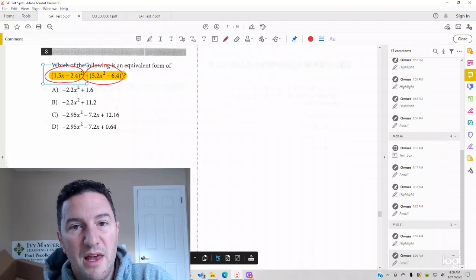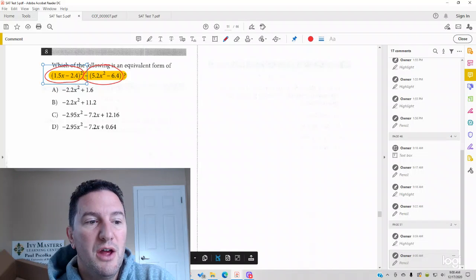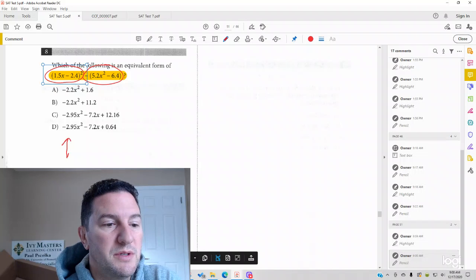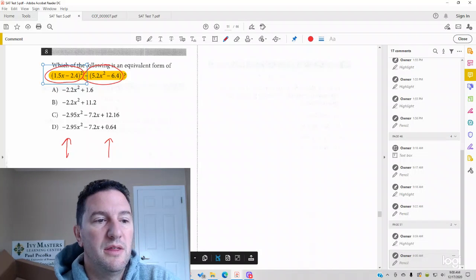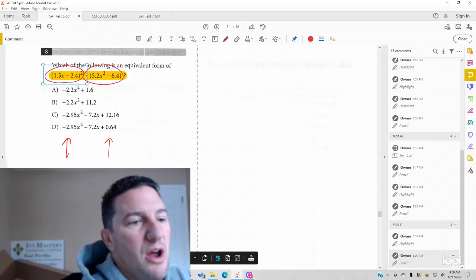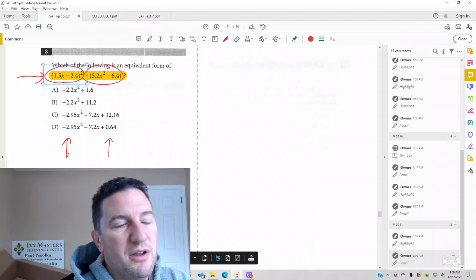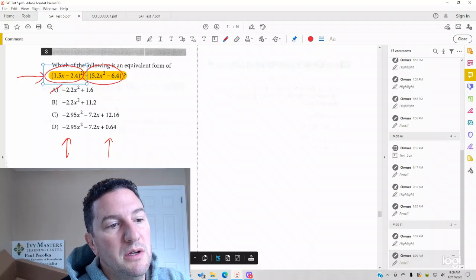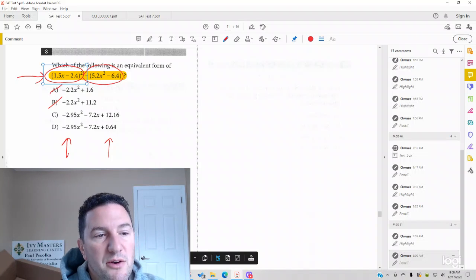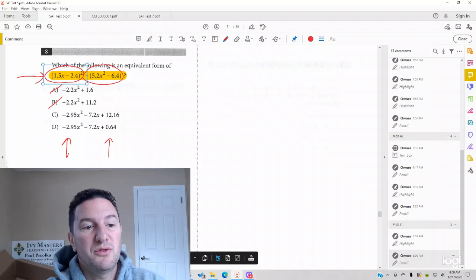What I find is that if you focus on the first term and the last term, then you wind up getting your answer. One thing that you might notice is knowing that you FOIL this first part, you're going to have a middle term. So you know it's not A or B. And so now we're down to two answer choices already.